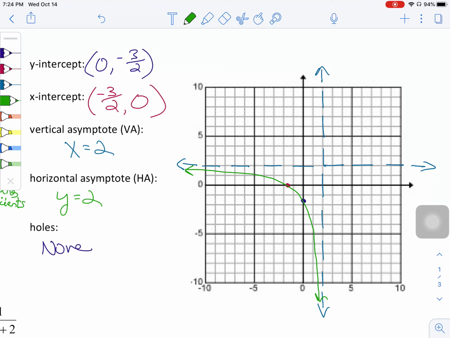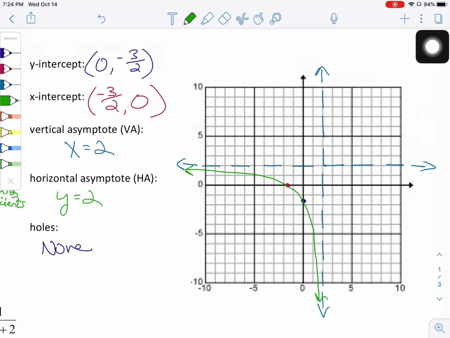The reason I say it's half is because I'm also going to have a curve somewhere over here on the right. The thing is, I'm not exactly sure where. It is possible that the curve could be up in this upper right quadrant. It's also possible it could be in this lower right quadrant. I need to test.